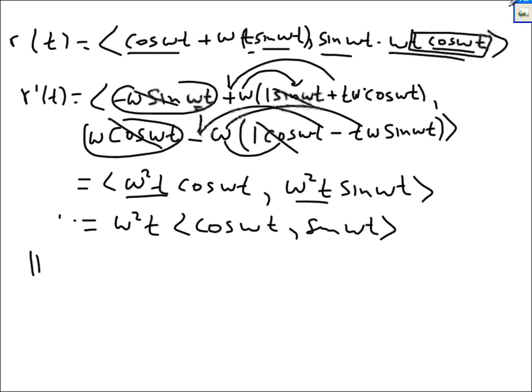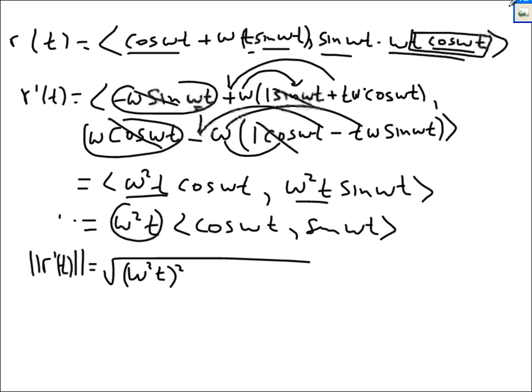So now the length of this becomes the square root of this squared, omega squared t squared, times the length of that, which is cosine squared omega t plus sine squared omega t, which is 1.